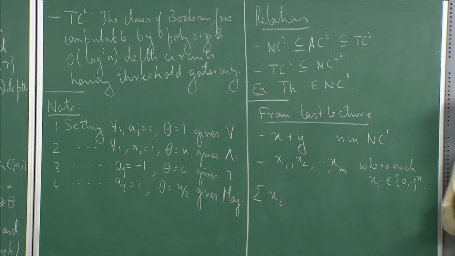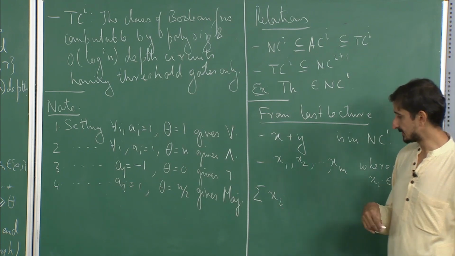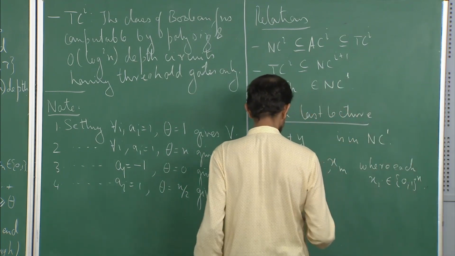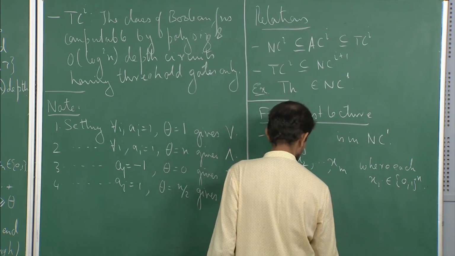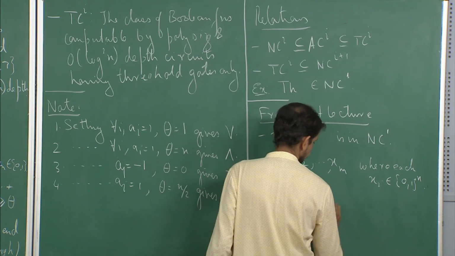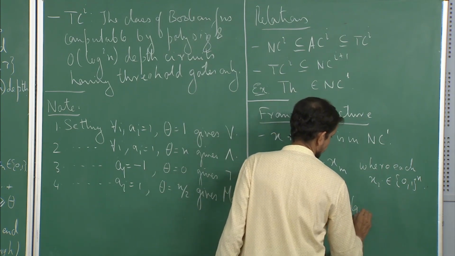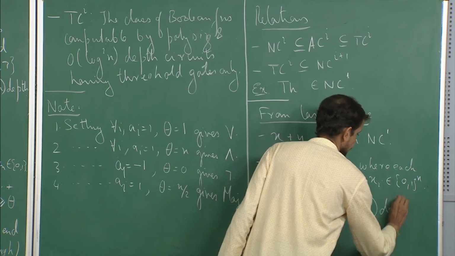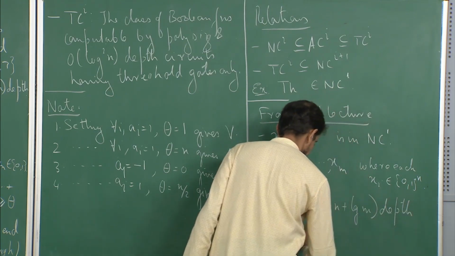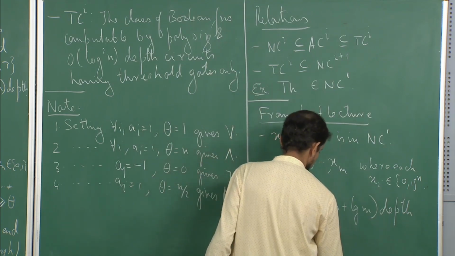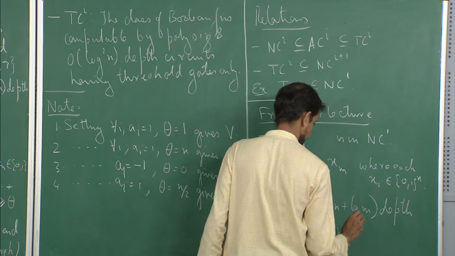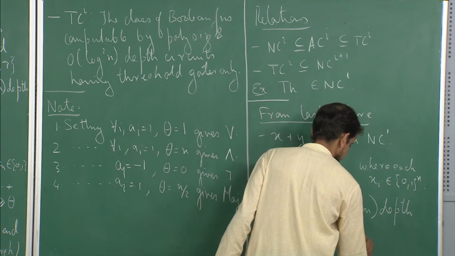What was the complexity of this operation? What we said last time is that this can be done by a circuit which has order of log n plus log m depth, and the size was order mn into log n.